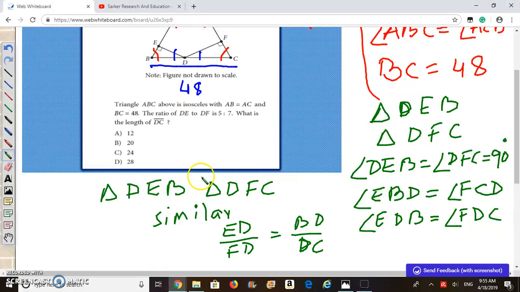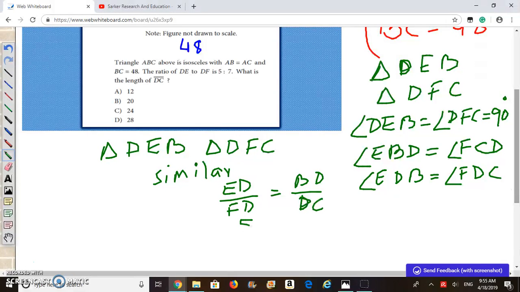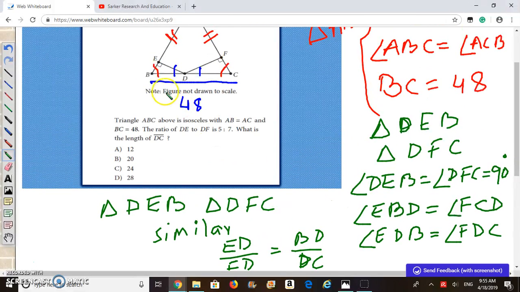Now, what information do we have? We have this DE to DF, or ED to FD, the same thing. They are in a proportion of 5:7. This information is given here. And we will have to find the length of DC. So the total length of BC is 48. Now if I consider that BD is X, what will DC be? DC will be 48 minus X, right?